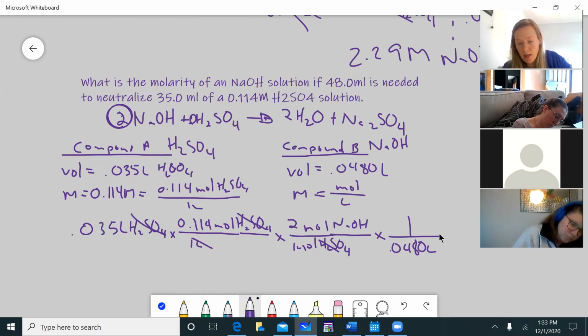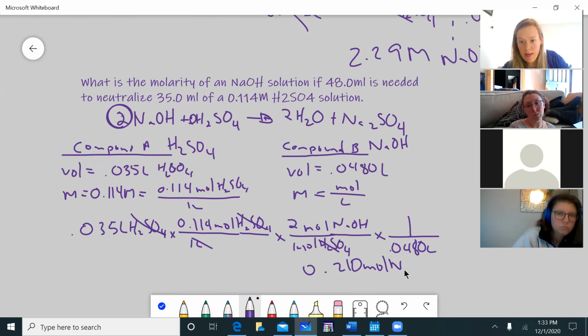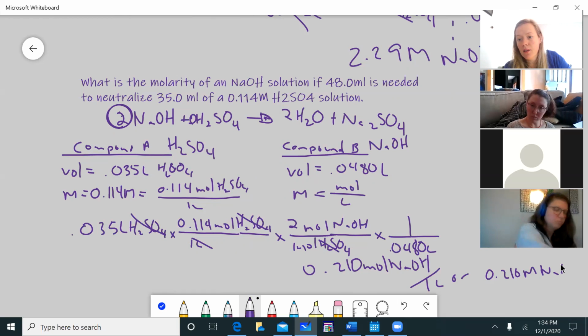And when we plug this into the calculator, we should end up with 0.210 moles of NaOH in every 1 liter, or that's the same thing as saying 0.210 big M of NaOH. Those two things are equivalent.